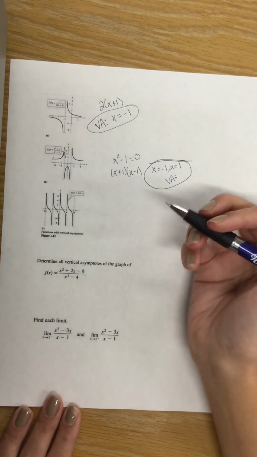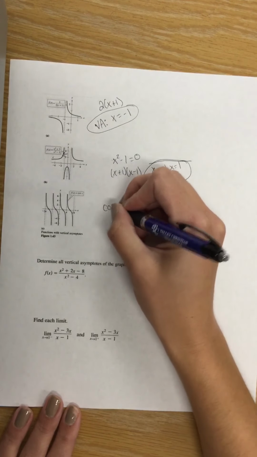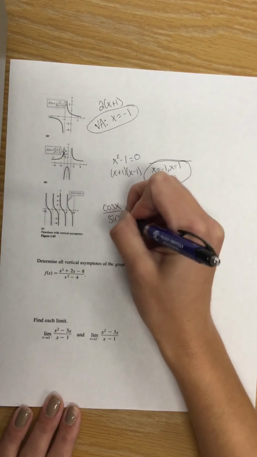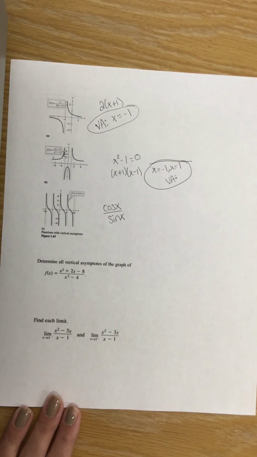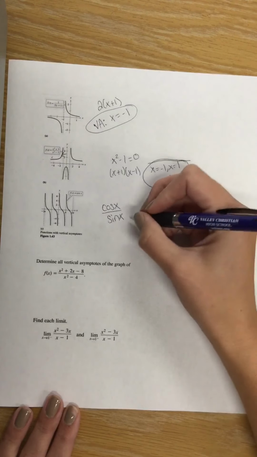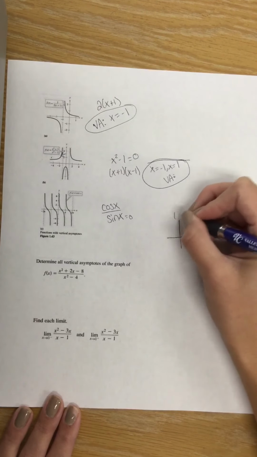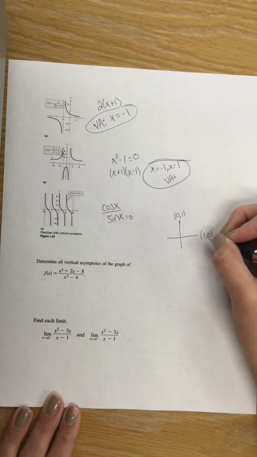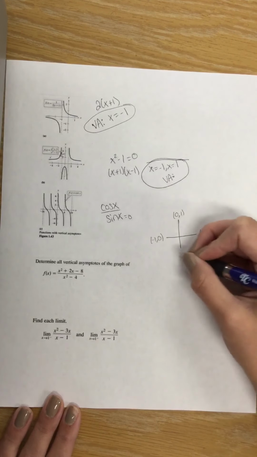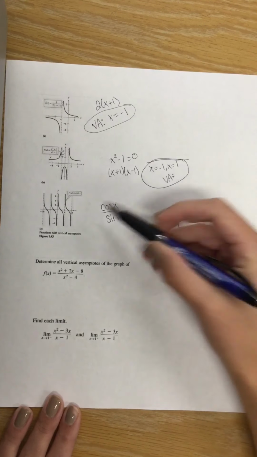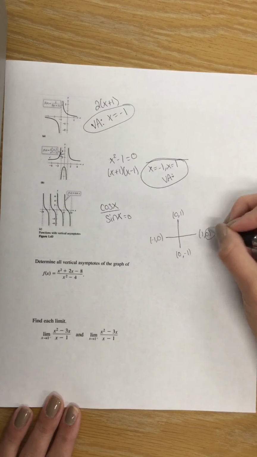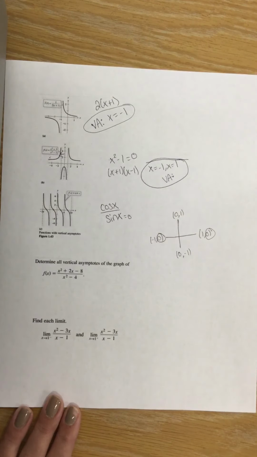Okay, for cotangent of x, let's write it as cosine x over sine x. We can see where sine of x equals 0. Let's look at our unit circle. So where is sine 0? Cosine comma sine, right here at 0, and right here at pi.